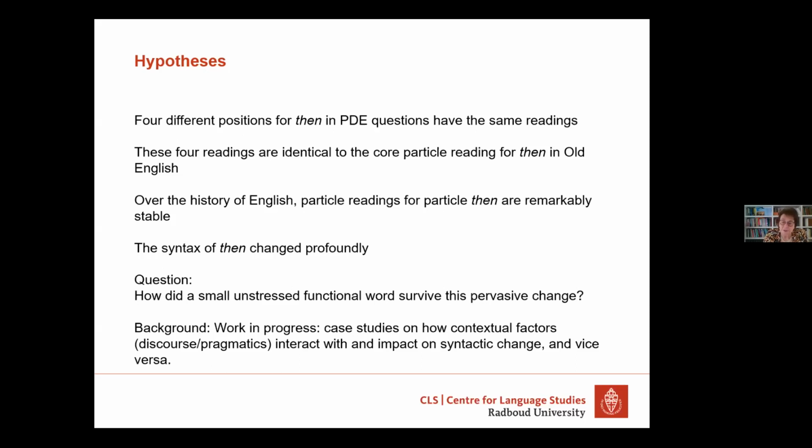I was quite surprised by that, especially in view of the fact that the syntax of "then", the positions for "then", changed profoundly. In Old English, there is really only one position for the particle reading, with very minor possibilities elsewhere, but it's fragmentary.